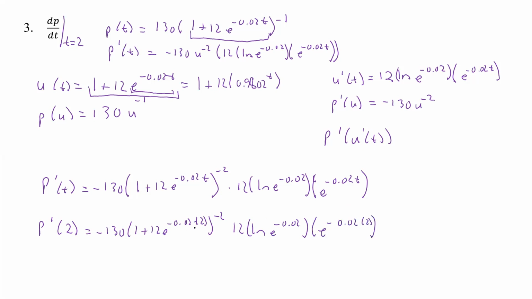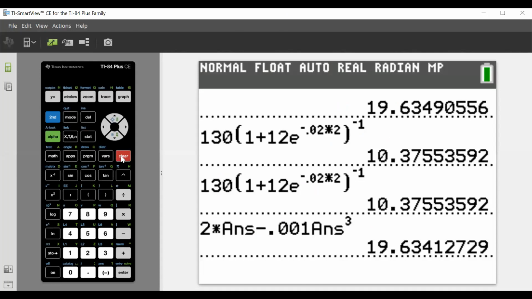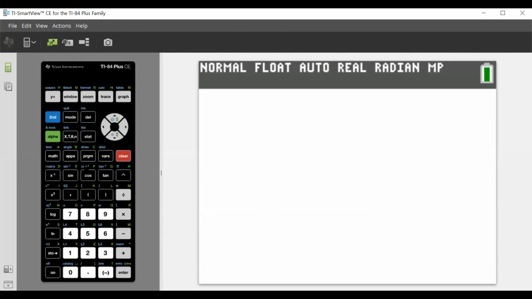So now we got to go back to our calculator and type in that whole mess. So this is just effort in making sure we can type all the right parentheses. All right, so we had a negative 130 times, then we had 1 plus 12 e to the negative 0.02 times 2. Now I need to arrow down, and then in parentheses, that first one is raised to the negative 2 power, arrow down again.